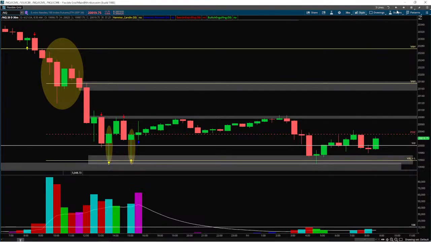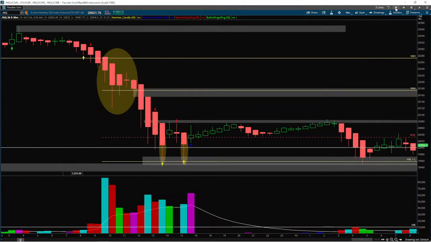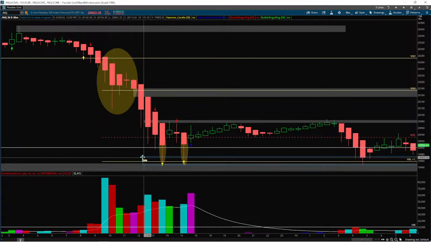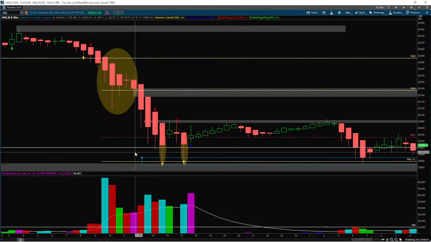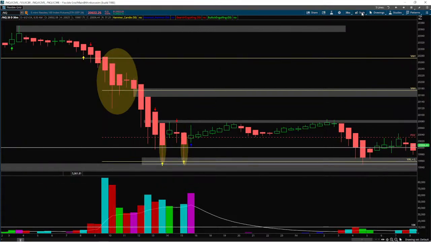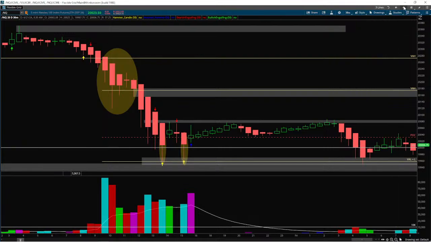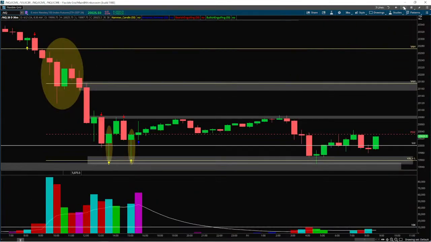Let's go into the Heikin Ashi. And then down to the, I didn't put anything up here, did I? Nope. And then down to the 5 minute.